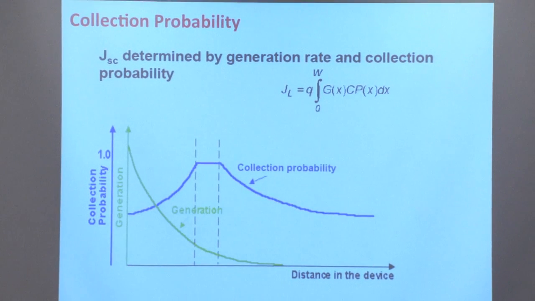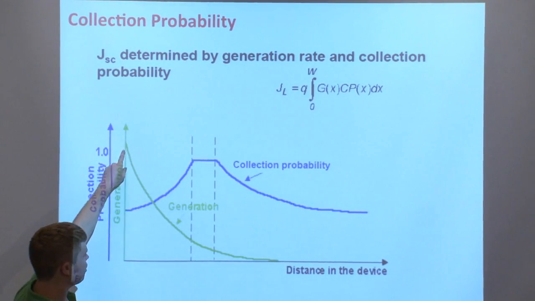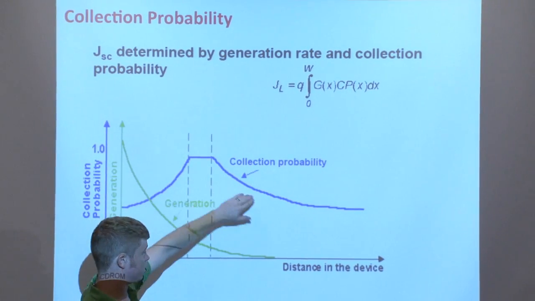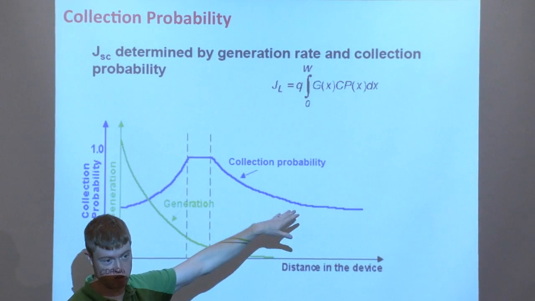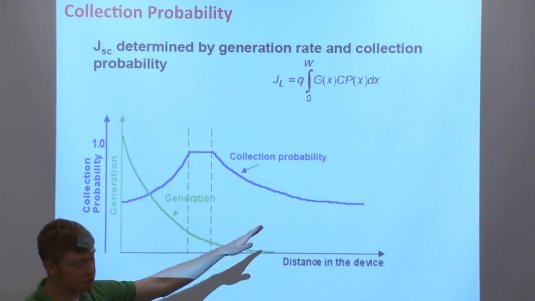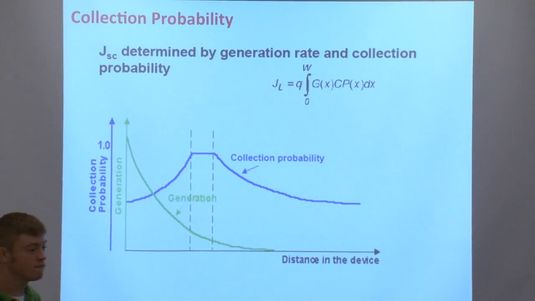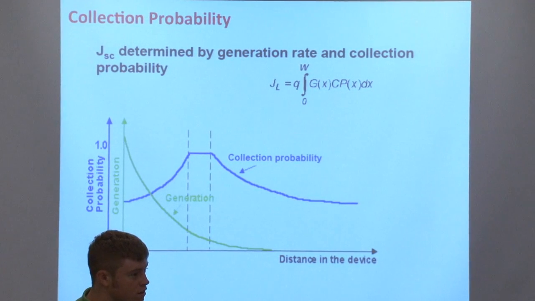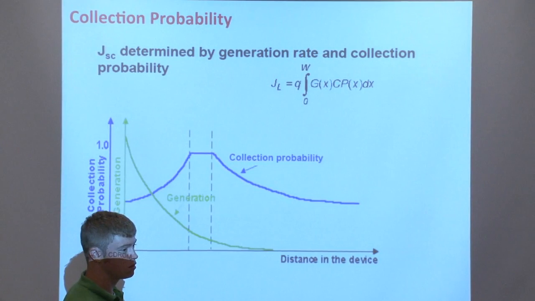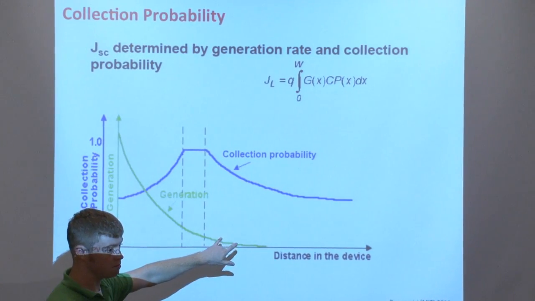Now putting those all together, if we know how our carriers are generated as a function of x, and we know what the collection probability is as a function of x, based on diffusion length, surface passivation, and other parameters, we can multiply them and then integrate to get what our illuminated current will be. Aren't you going to have three regimes because the diffusivities are different? Like the collection probability is different in the emitter, at the junction, and then afterwards?